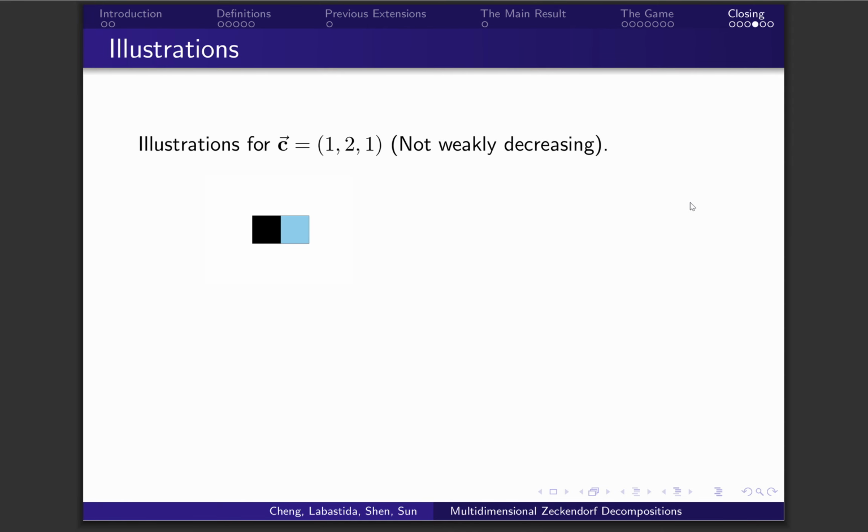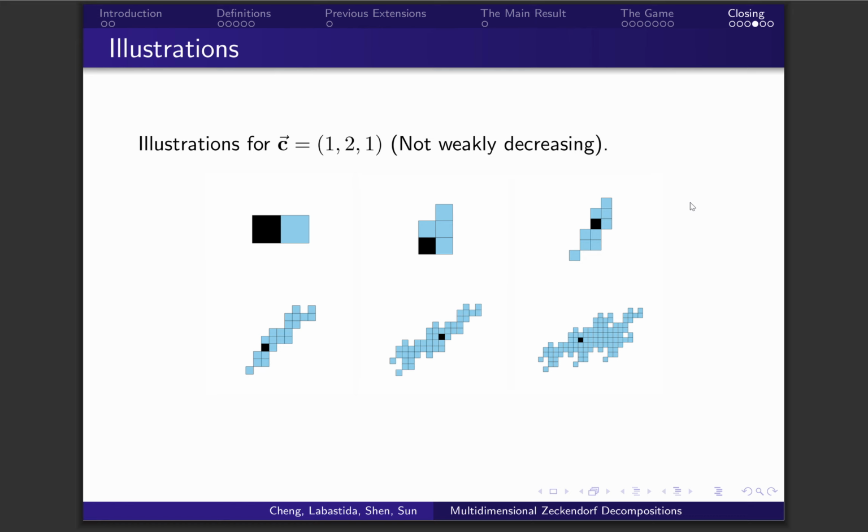The last example is vector c equals 1, 2, 1, which is also not weakly decreasing. But even though it is not weakly decreasing, it seems to slowly expand outward in a spiral pattern and eventually encompass all of Z^2.